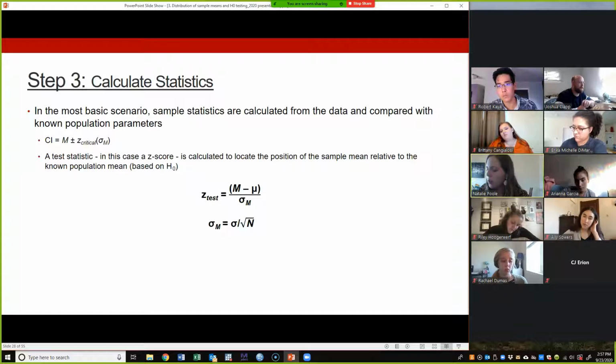Real quick, do you ever test the alternative hypothesis? No. I'm blanking on the word of the other hypothesis. The null. There we go. It's likely that the null hypothesis is true.